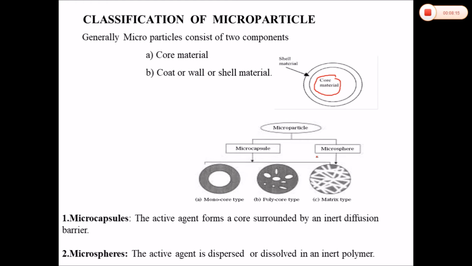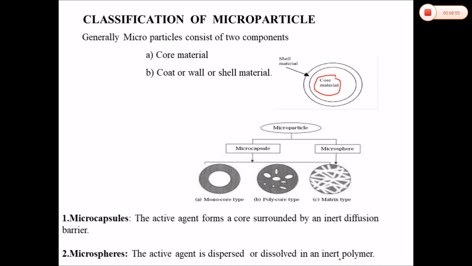In microcapsules, the active agent forms a core surrounded by an inner diffusion barrier. They are monocore types, polycore types, or matrix types, meaning single encapsulation, multiple encapsulation, and matrix types. We'll discuss that in detail. And in microspheres, the active agent is dispersed or dissolved in an inert polymer.